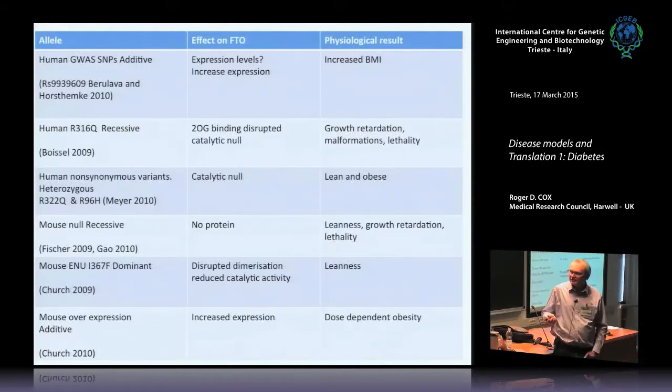So a much milder allele than this knockout, so a hypermorph potentially. Or a dominant negative, actually, because this reduced dimerization. And we have an overexpression model, which I'll show you as well, where we have increased expression and dose-dependent obesity, supporting FTO as the gene. So I'll go through some of these models and then come back to where I think we are.